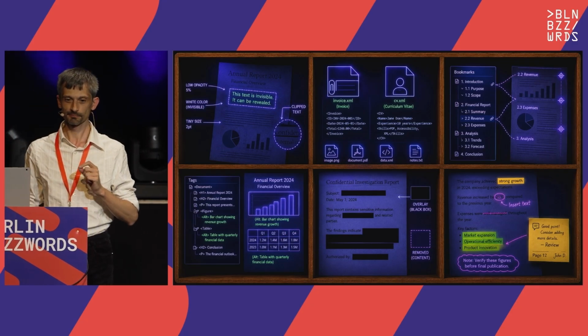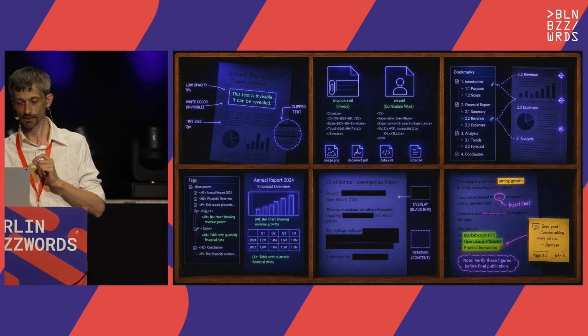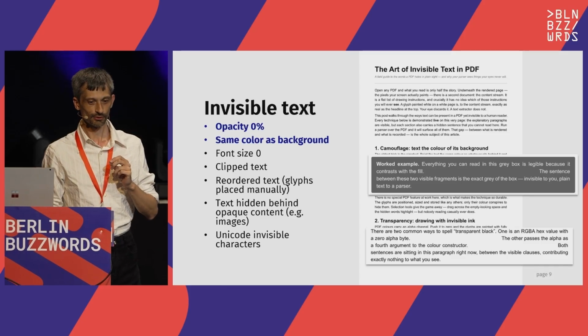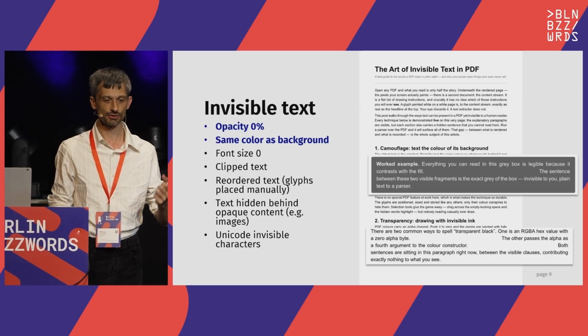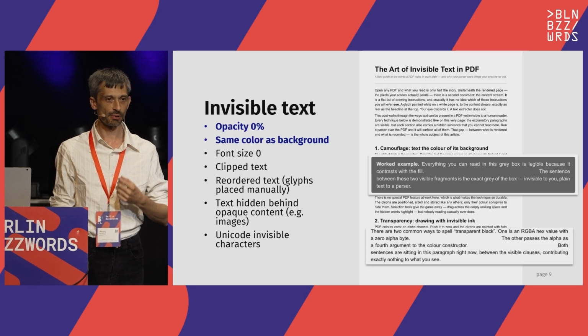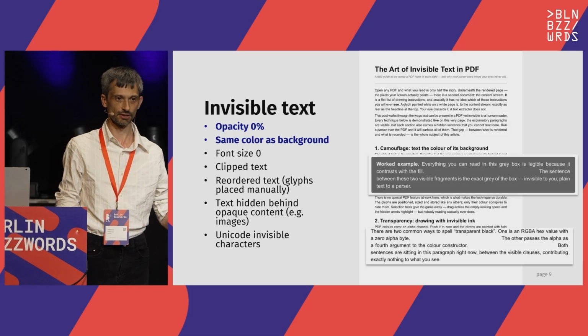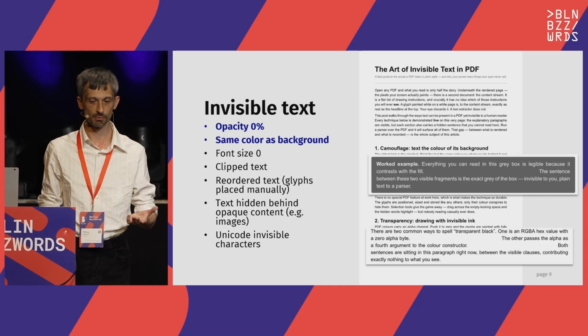Let's try with probably the worst one, at least from my perspective, which is invisible text. So you can hide things in plain sight by just reducing the opacity, using the same color as the background. It doesn't matter if the background is white or gray, you can use the same color.